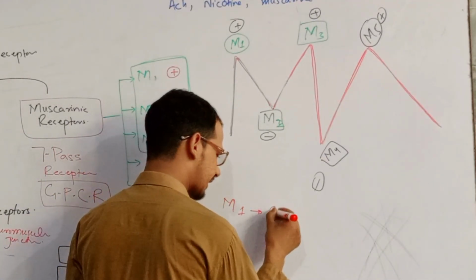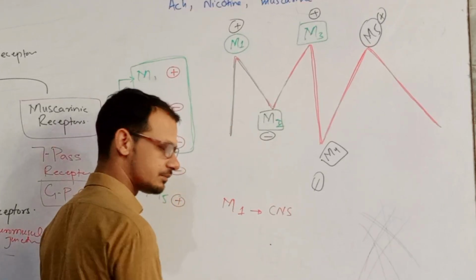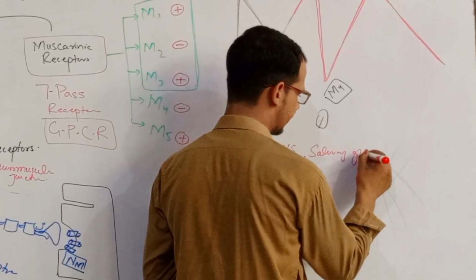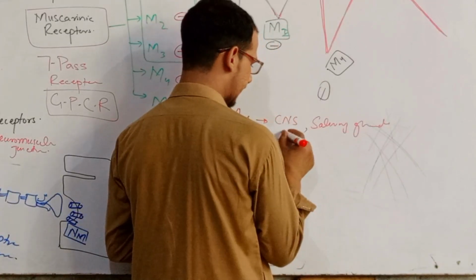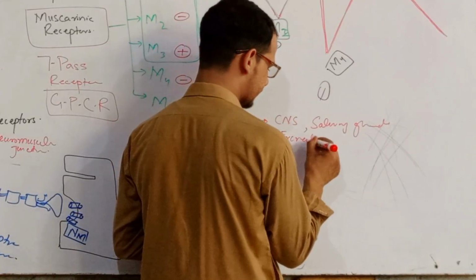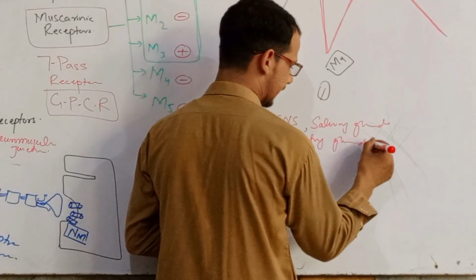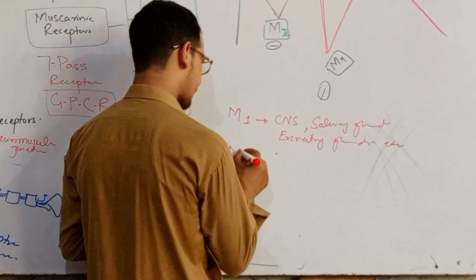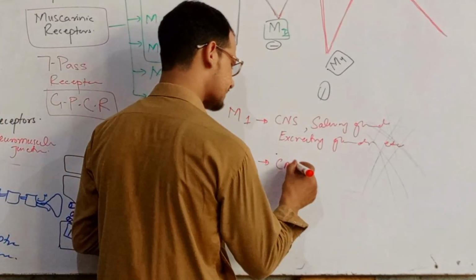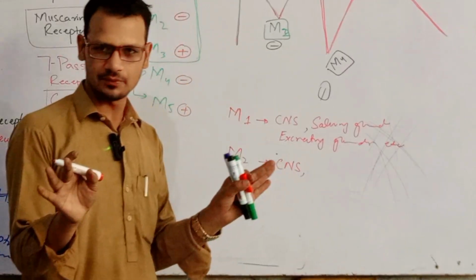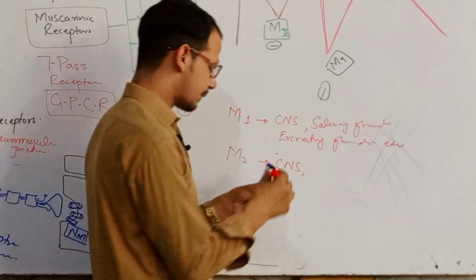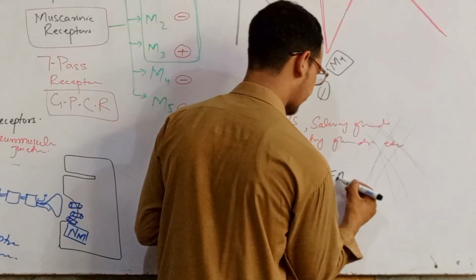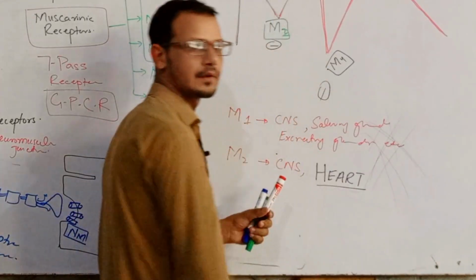M1 receptors are present first in CNS, then in salivary glands and other excretory glands, etc. M2 receptors are basically present in CNS as well, because all M1 to M5 receptors are present in CNS, but specifically these receptors are present on the heart.